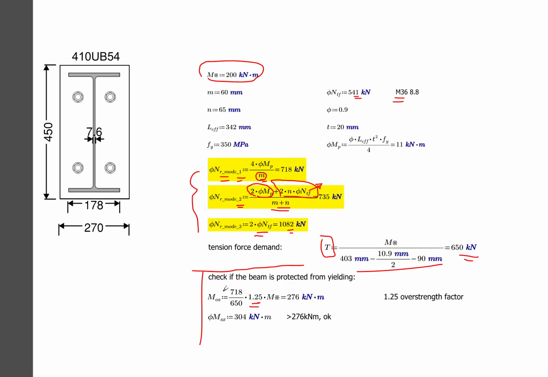The overstrength action comes from the provided strength, which is 718, divided by the demand, which is 650. That overstrength action times the overstrength factor times your design action moment of 200 gives about 276 kilonewton-metres. Then you compare that with your section capacity, a 14 UB54, which is 304. That's more than the demand, which means your design is valid.